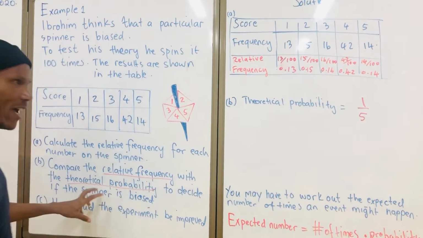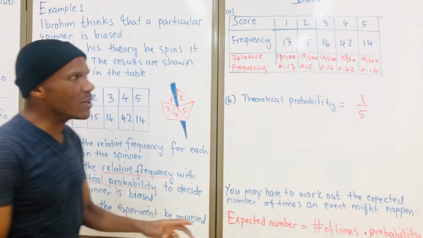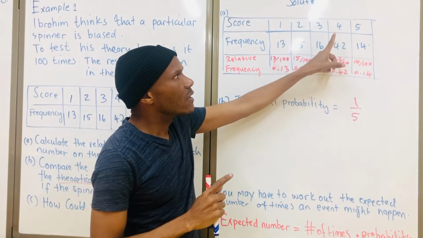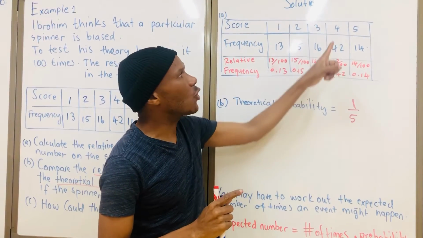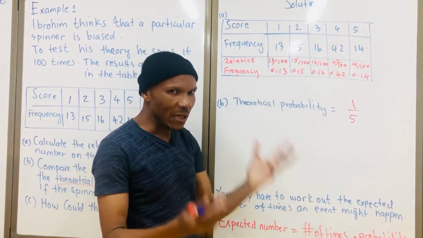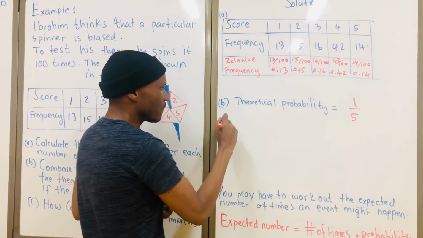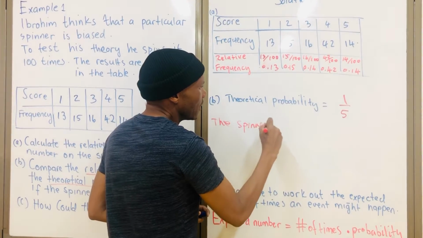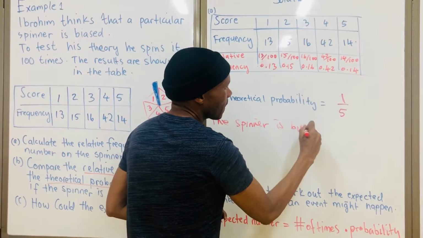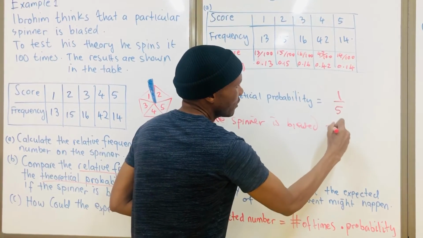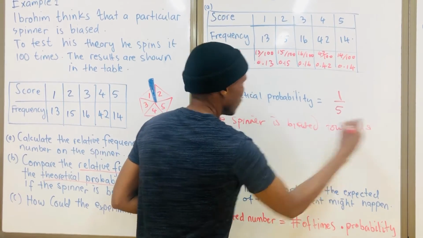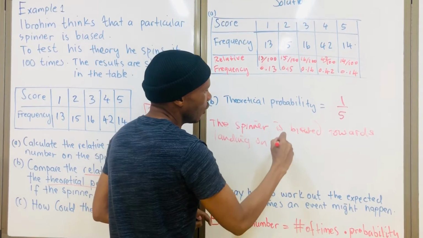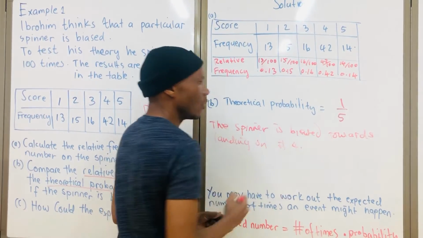And if we have to compare, you would agree with me that here, I would say the spinner is biased towards landing on number 4. So I can write that down. The spinner is biased towards landing on number 4.